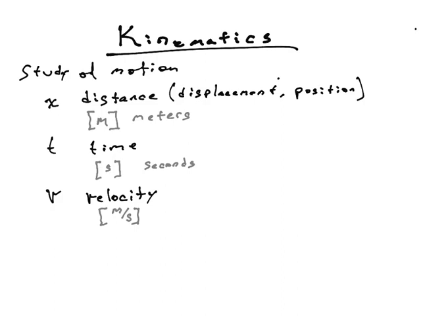And now one thing you can notice is, and this is true in all of physics, if you know the units of something, then you can automatically tell what the equation is to find it. So let's say we don't know what the equation for velocity is. If I wanted to figure out what the equation was, then I'd just look at its units. And the way I'd do it is like this.